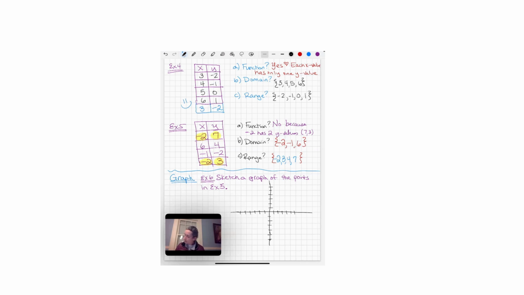Oops, need more. I'm going to go ahead and label my points. That helps me stay organized with a little XY pair next to it.